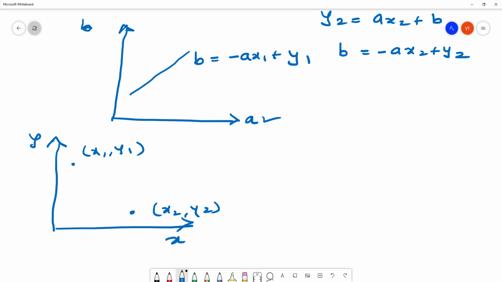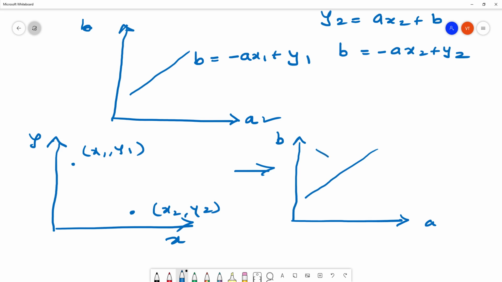If I want to represent these points in the AB plane, I will get one line corresponding to each point.